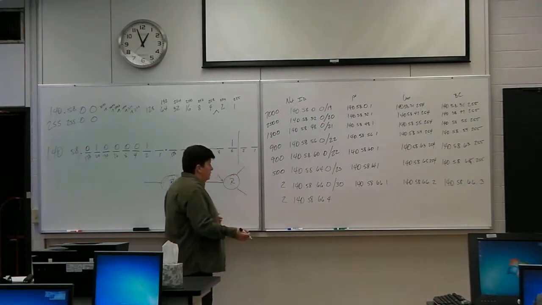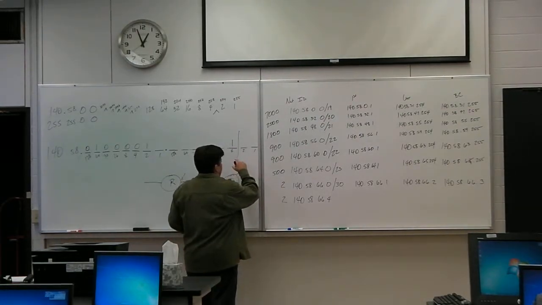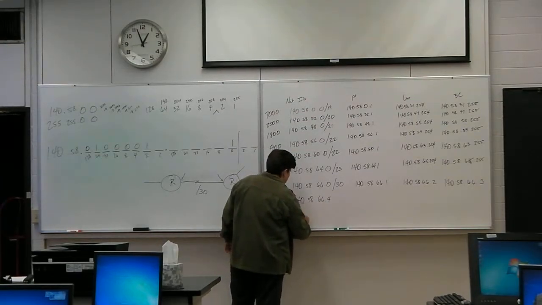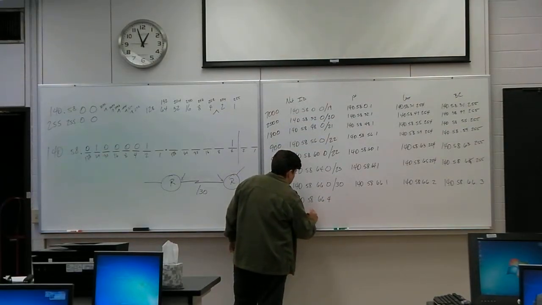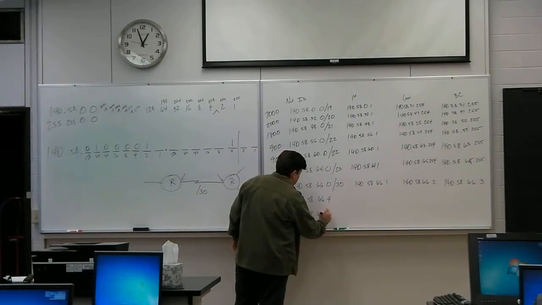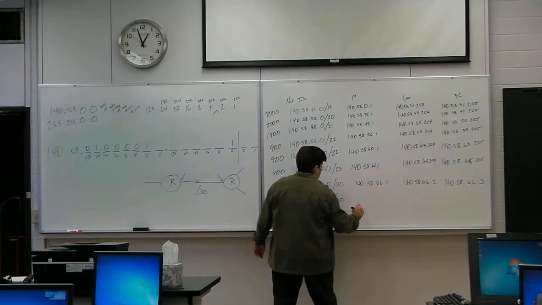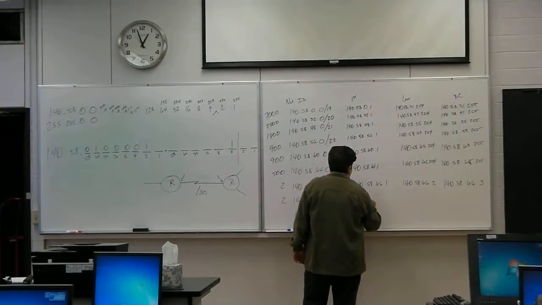Okay? Same thing again. I'm just going to take my magic number and add to that. The exact same thing is going to happen. It stays at /30, and I'm going to get it.